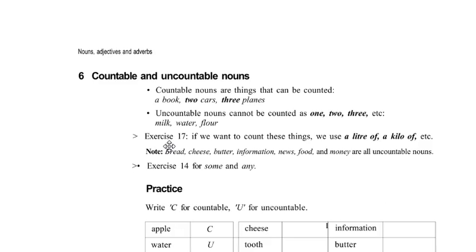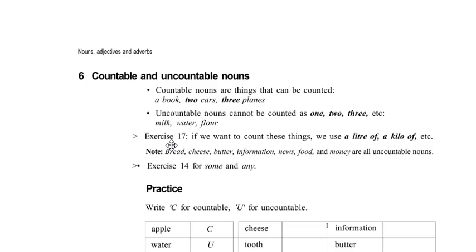Next, on page 20, we're going to talk about nouns. Last time we talked about pronouns and adjectives as well, but now we're going to study nouns. We have countable and uncountable nouns. Countable nouns are the things that we can count.